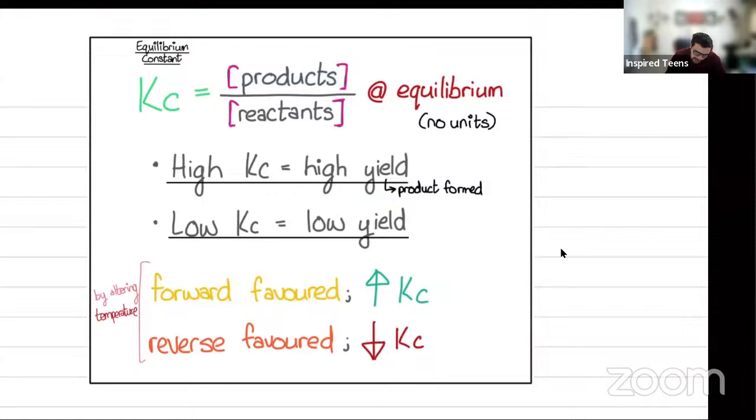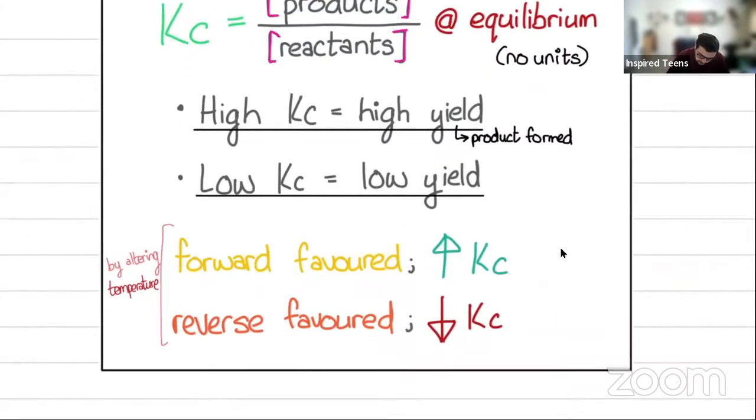And high Kc generally refers to a Kc greater than 1. And a low Kc generally refers to a Kc less than 1.